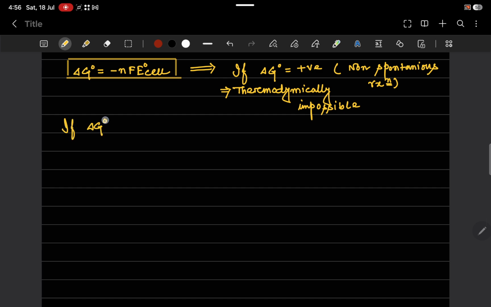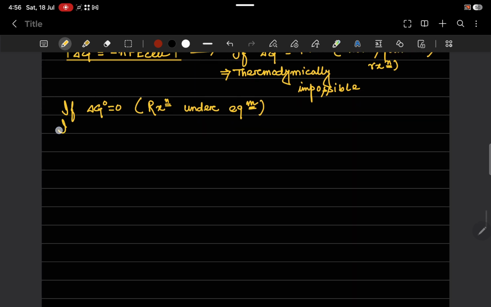If delta G0 is zero, that indicates the reaction is under equilibrium. If delta G0 is negative, this is a spontaneous reaction.